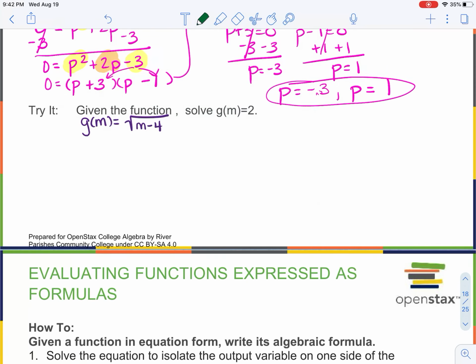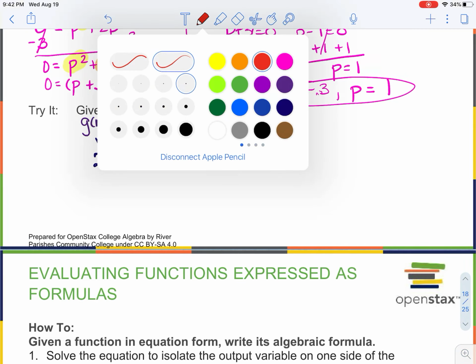Okay, so hopefully you went over this problem, or you tried to work it. So now I'm going to substitute the g of m. I'm going to replace that with 2 is equal to the square root of m minus 4. And then what we're going to do is undo the square root. And so to undo the square root, you are going to square both sides.